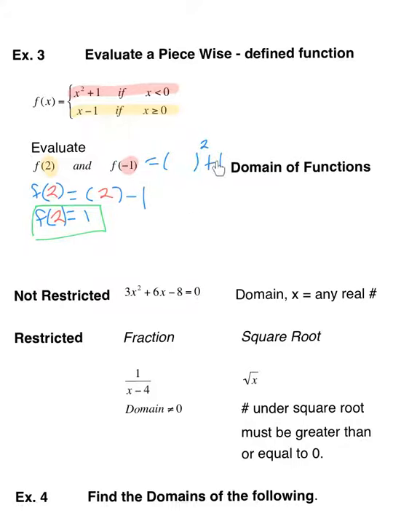We're going to plug that -1 right into there, and I'm going to separate my work for these. I have -1 squared is 1, plus 1, which is 2. So f of -1 is 2.